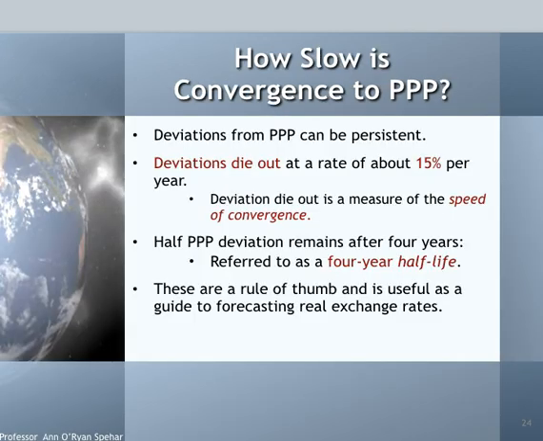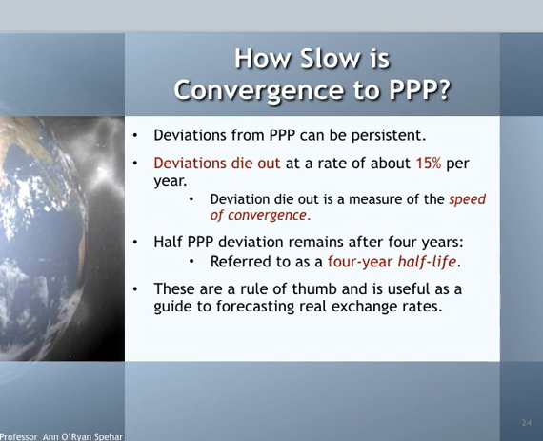Now, our homework requires us to calculate this slow convergence over time that should take place according to relative purchasing power parity. So how long does this take? What's the deviation?